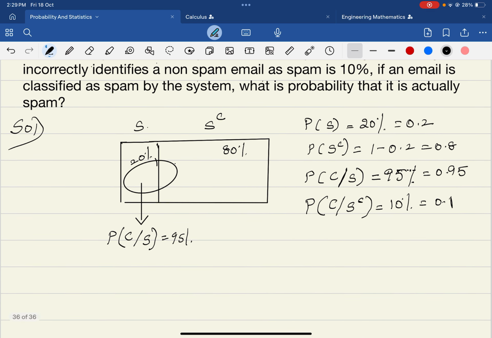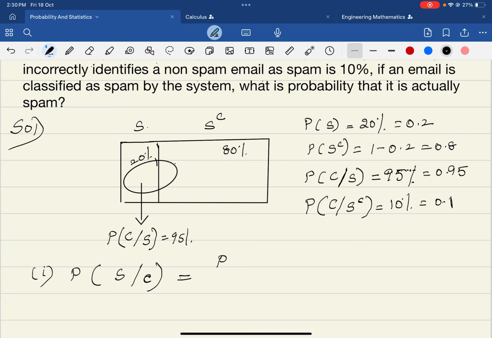Now we have to find out, first of all, the probability that the system classified it as spam, and the probability that it is actually a spam. That's the question actually asked. Given that it is classified as spam by the system, what is the probability that it is actually a spam? So according to Bayes theorem, what is P of S given C?